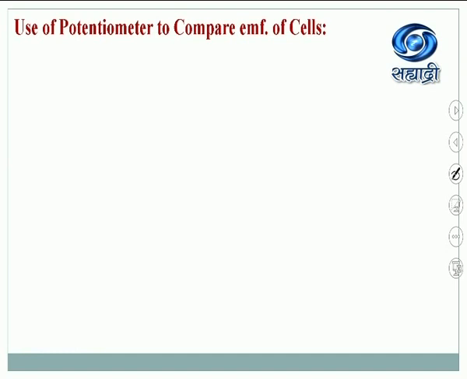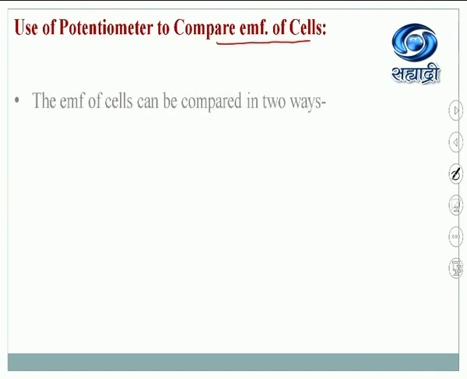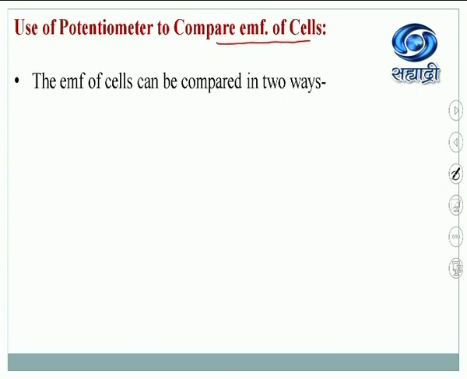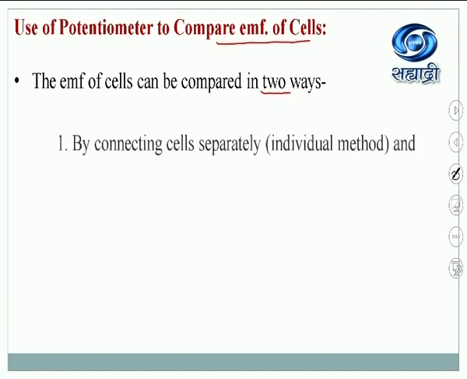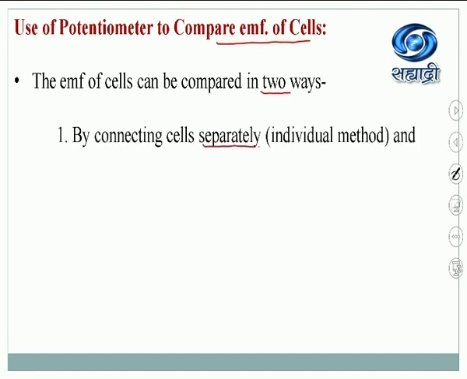Okay, now we shall see what is the use of potentiometer. It is used to compare the EMF of cells. Remember the advantage of potentiometer, that we shall see later on, that it is used to compare the EMF. Now, how do we do this? The EMF can be compared in two ways. One is by connecting cells separately.